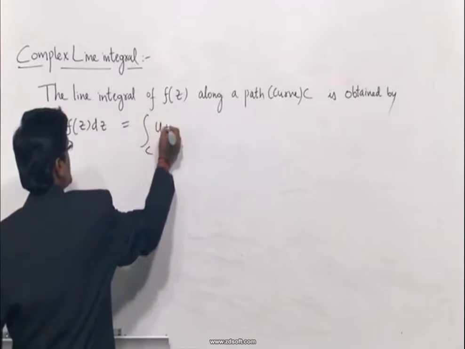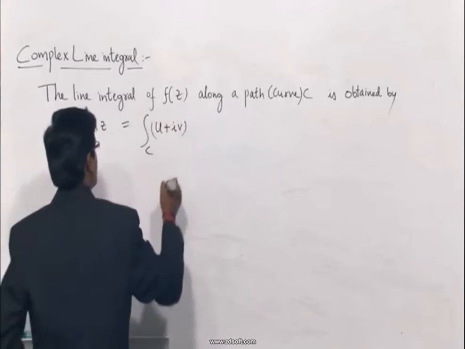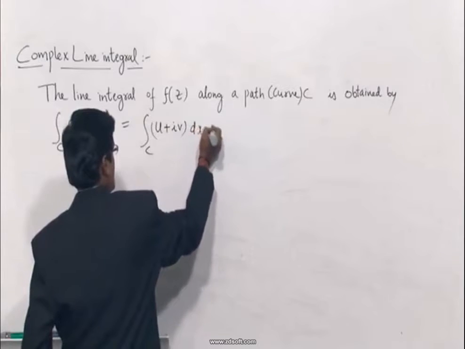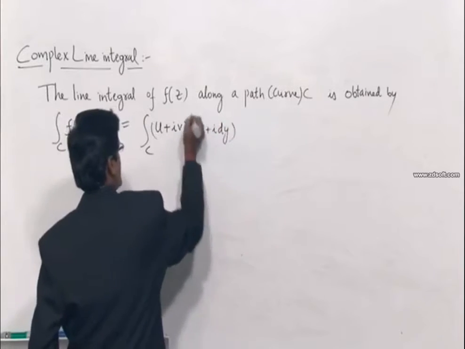Integral over C, f of z is u plus iv, dz is dx plus i dy.